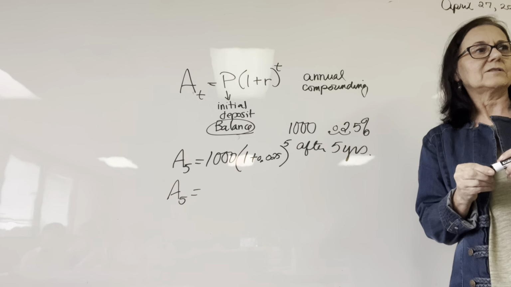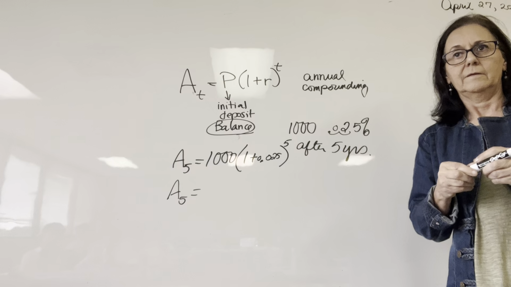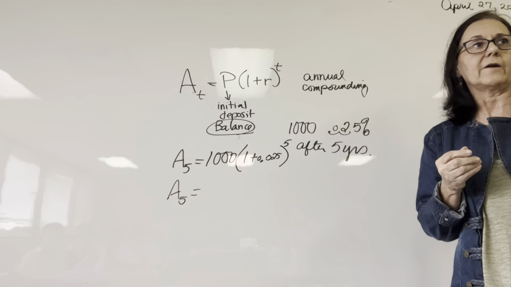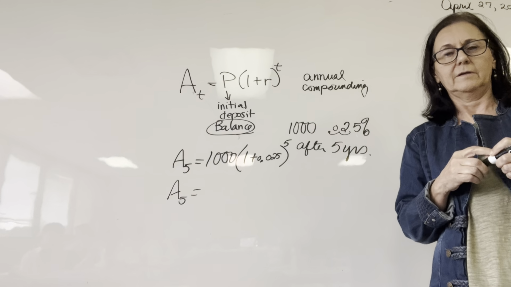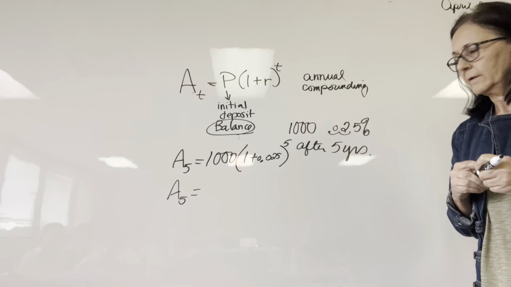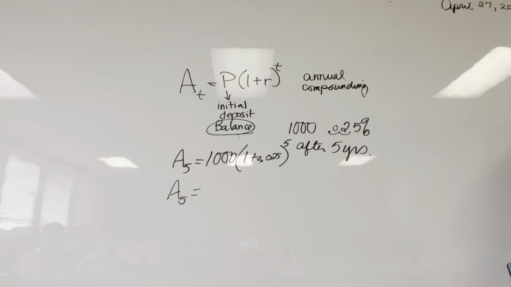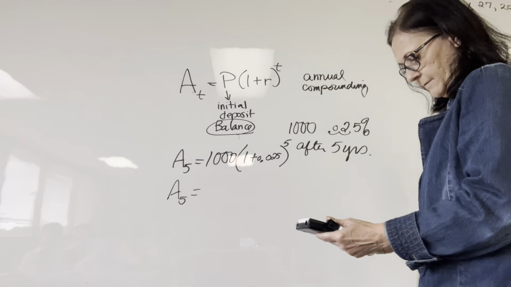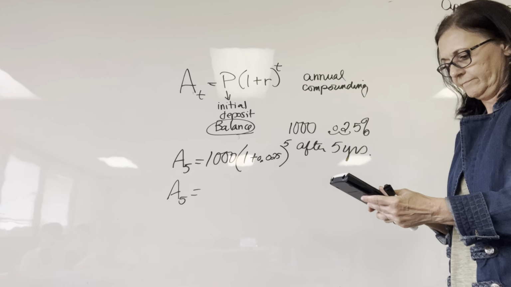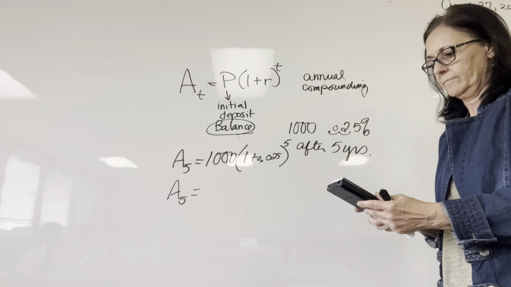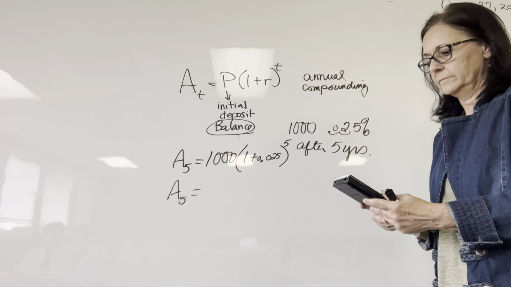$3,051? Can't be. That's way too high. 1063.67? What? I'm only earning 2.5%. I got 1,131.4. I put it in exactly like it is there.